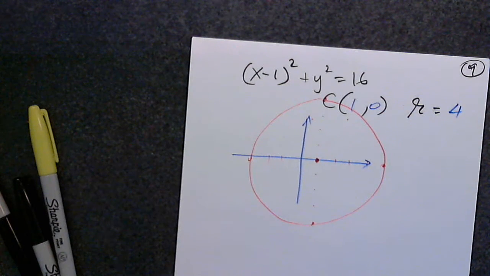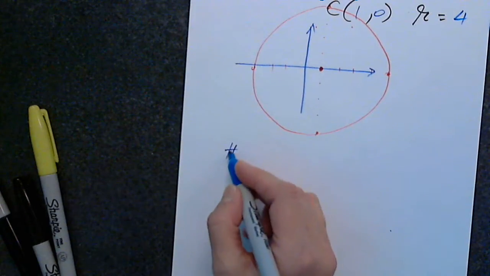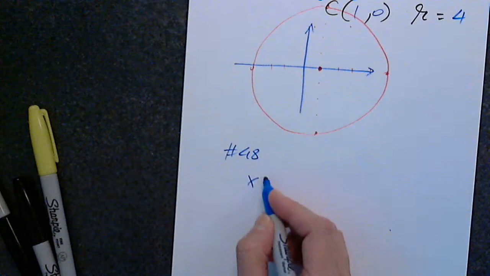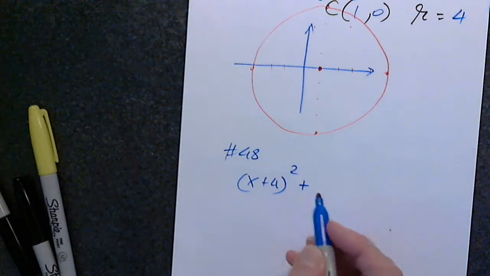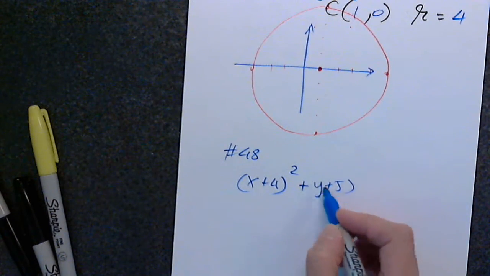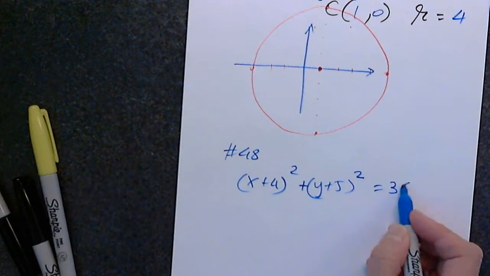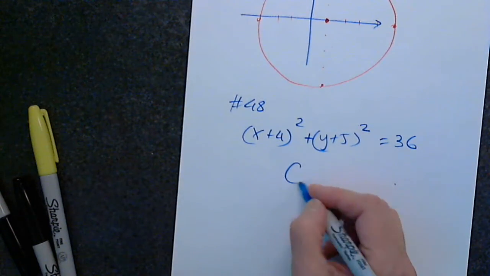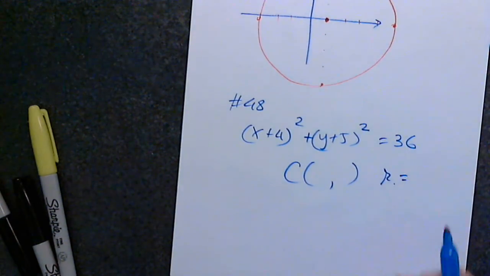What if I'm given, let's say, the equation, 48, to identify x plus 4, everything squared, plus y plus 5, everything squared, equals 36. Here I'm only asked to identify the center and the radius. I'm not asked to do anything else. And maybe graph it.